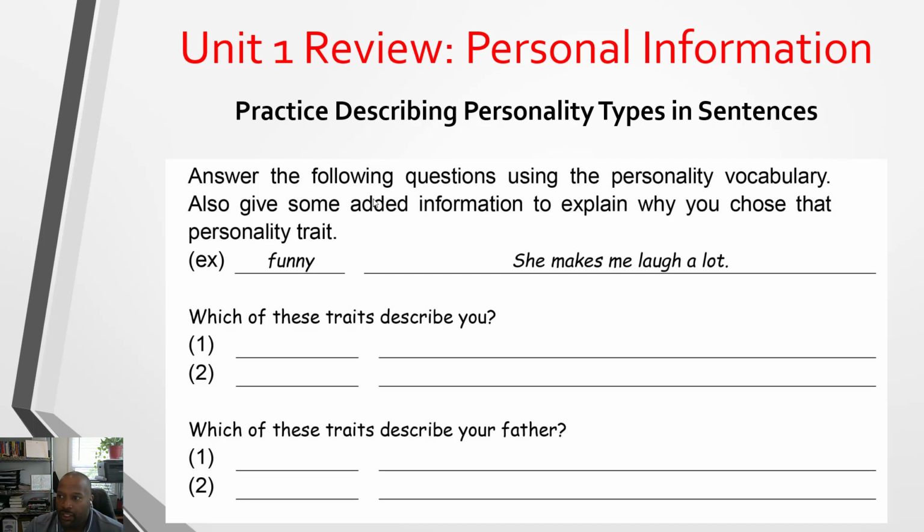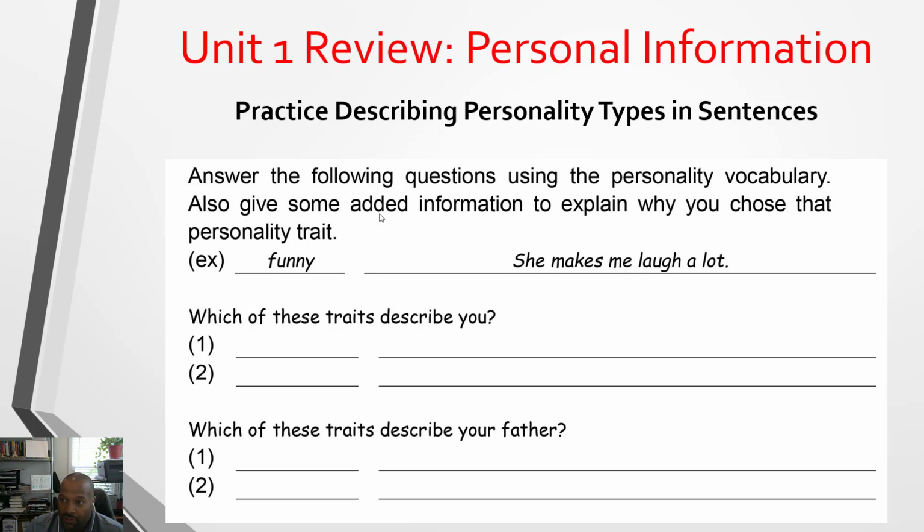So, taking those personality traits, those adjectives, right? Let's practice describing personality types in sentences. All right. So now this is where you get a chance to practice what we've just learned. Answer the following questions using the personality vocabulary. So those are all the 42 plus words that we just went over.